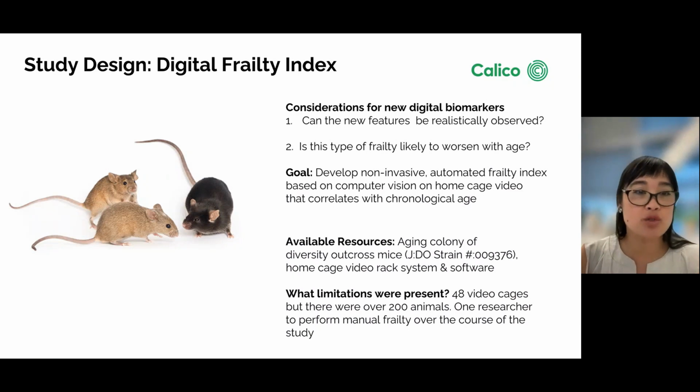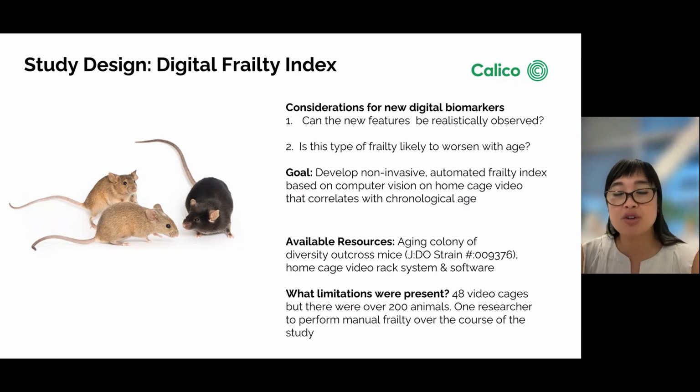And we had to consider what resources were available to us. So Calico had an aging colony of diversity outcross mice at JAX, also known as JDO. We had a home cage video rack system and software pipeline to store that video. But we also had some limitations. We only had 48 video cages, and our study, to be appropriately powered, had over 200 animals.